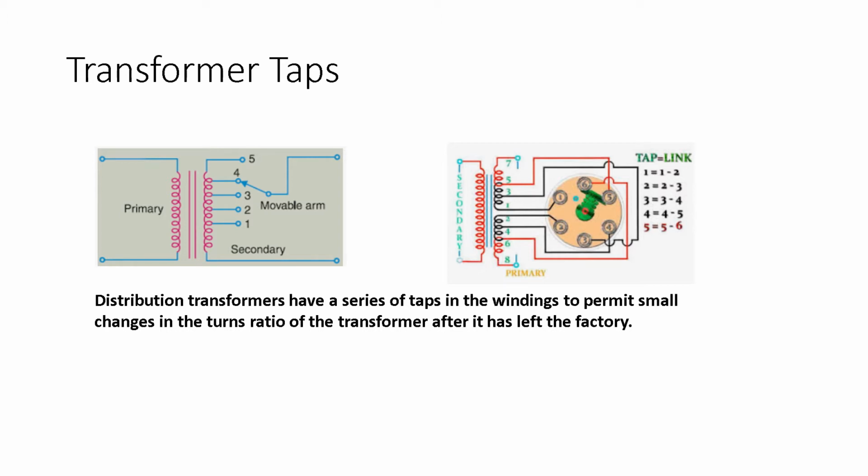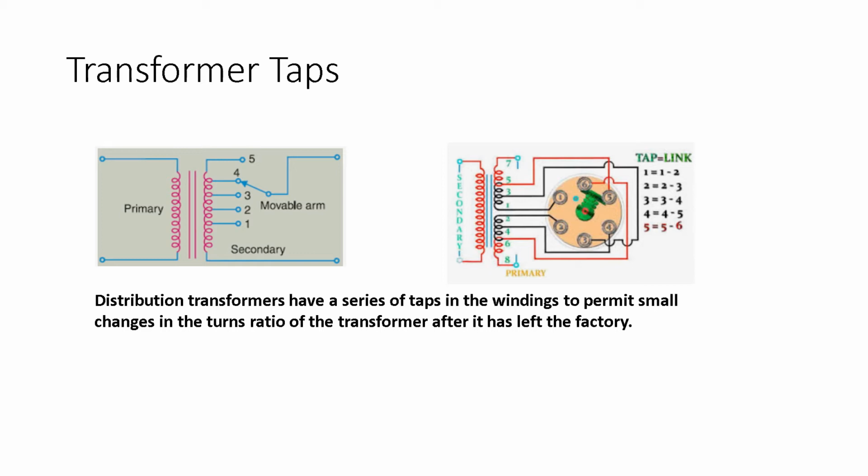Anyway, distribution transformers have a series of taps in the winding to permit small changes in the turn ratio of the transformer after it has left the factory. Let's assume that we have a distribution transformer near our house.